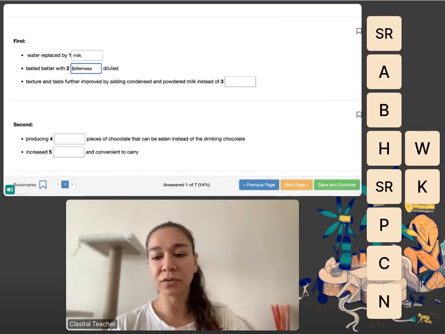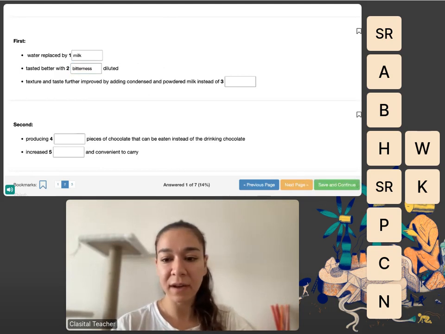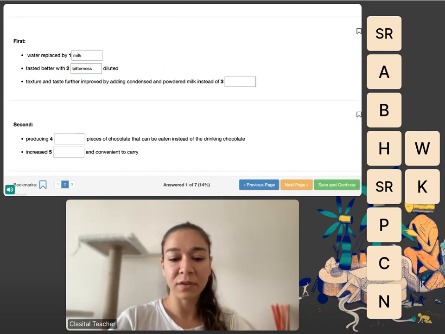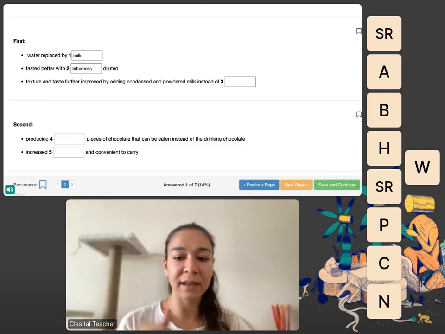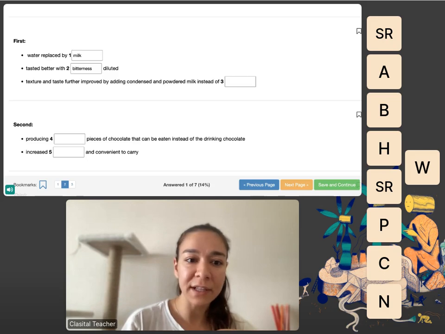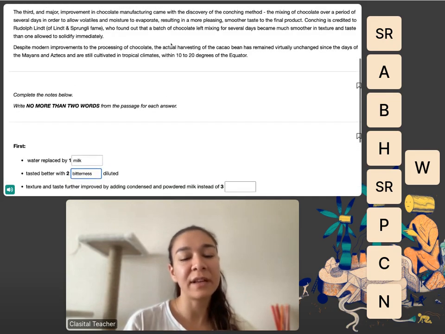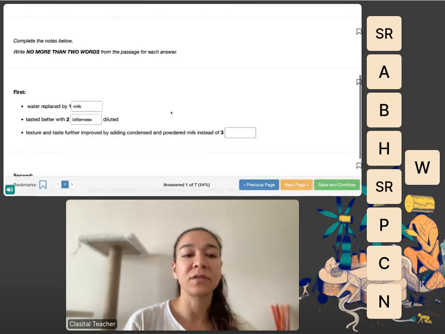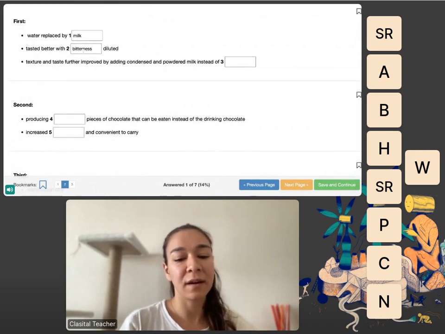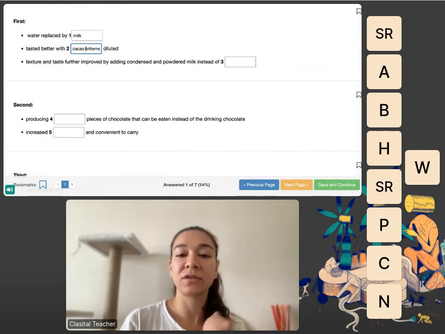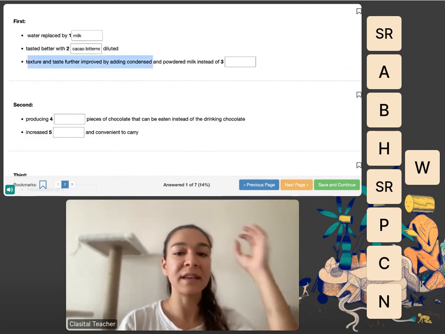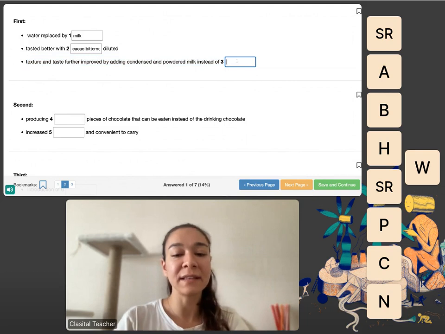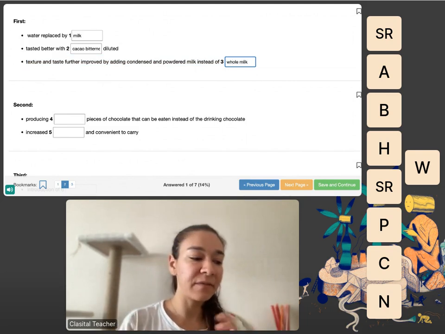Yes, you can write two words and you can write cacao bitterness too. No more than two words. Tastes better with cacao bitterness diluted. It's okay too. Texture and the taste further improved by adding condensed and powdered milk instead of whole milk. Yes, very good.